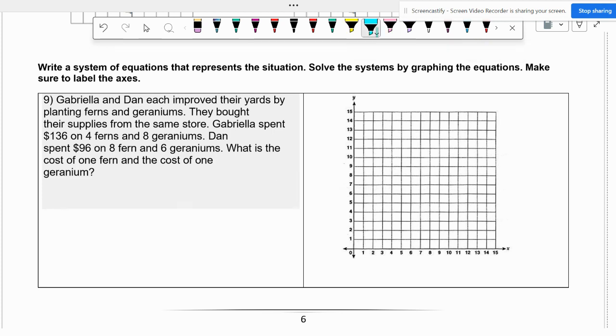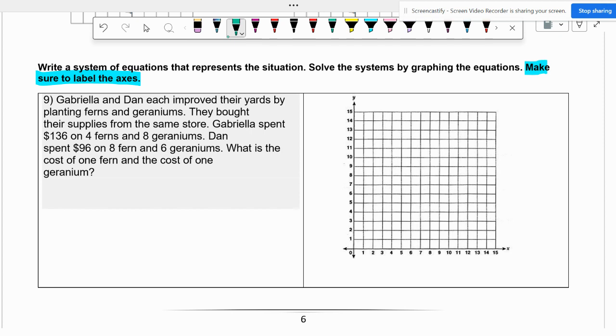A couple of things that are important. Number one, I want you to make sure that you label your x-axes and write out your two equations for your system. So I'm going to get you started on number 9. Gabriella and Dan each improved their yards by planting ferns and geraniums. They bought their supplies from the same store.